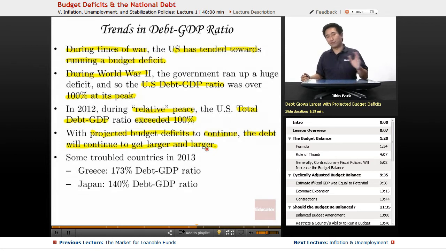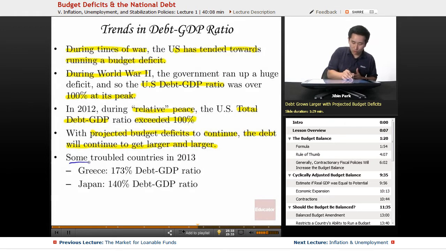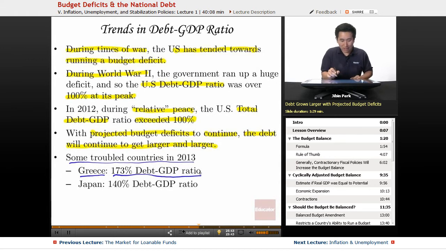Now, if you want to argue that the United States isn't in as bad a position as other countries, you would point out that we're not as bad as other countries. Some troubled countries in 2013 would be Greece, with a 173% debt to GDP ratio, which is not very good.